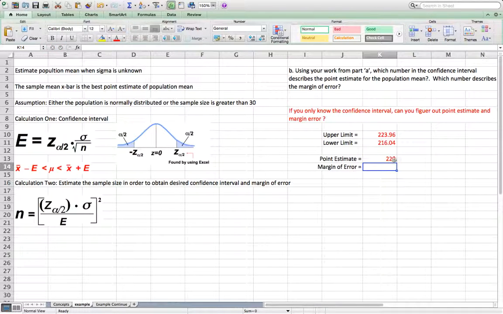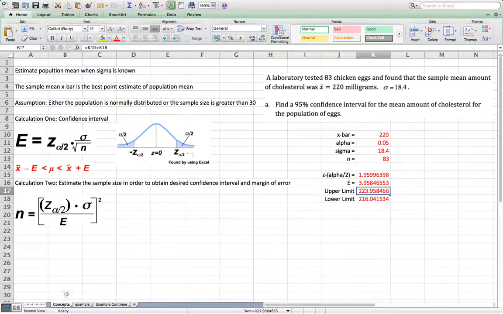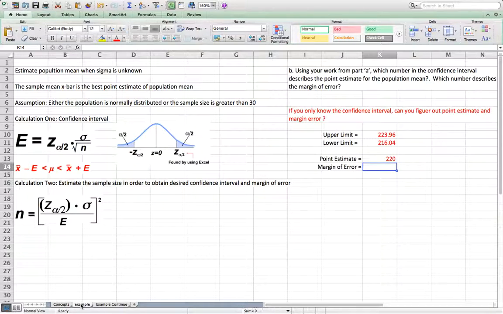So 220, which exactly matches the beginning. The problem matches the concept we said, that the sample mean is the point estimate of the population mean.